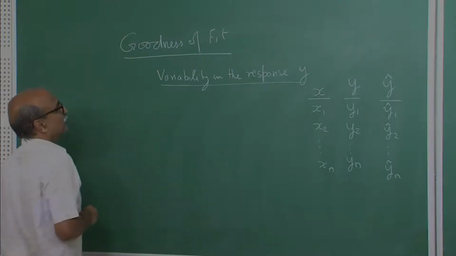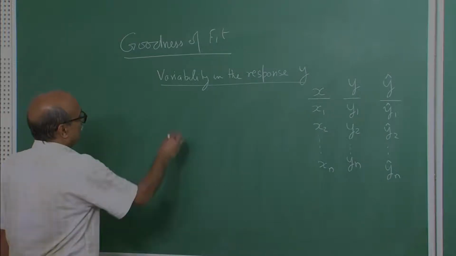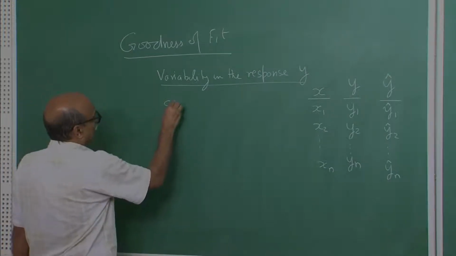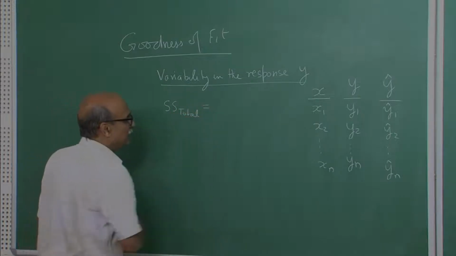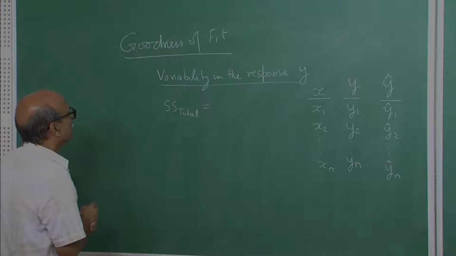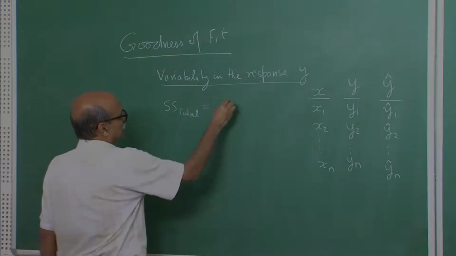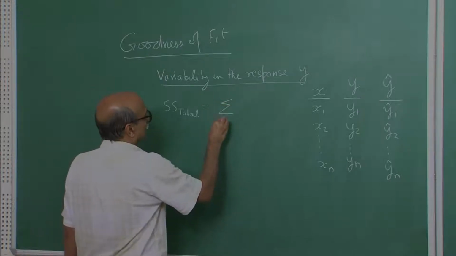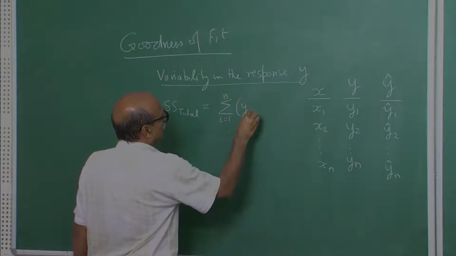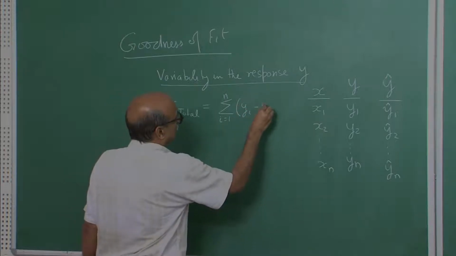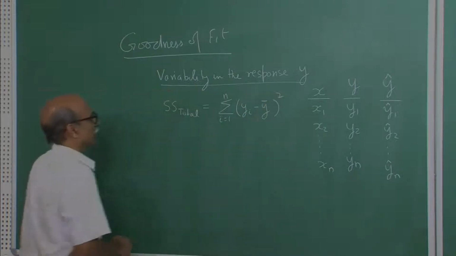So, the total variability in the response y, I will write it as the sum of the squares total, or the sum of the squared deviations, which can be written as summation i equals 1 to n, yi minus y bar squared.